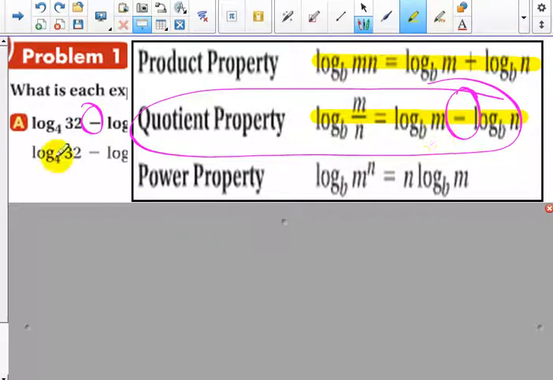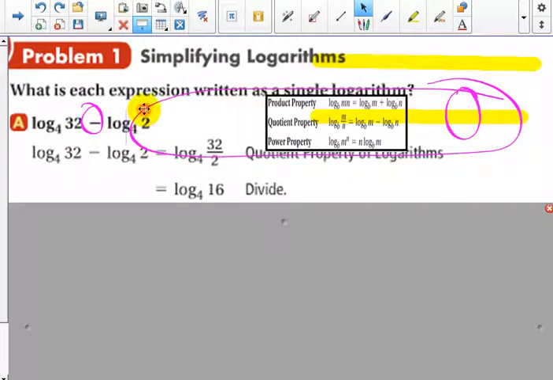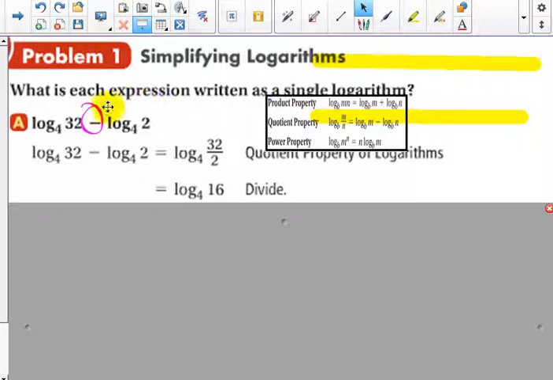Now let's apply it. We've got log 4 of 32 minus log 4 of 2. Okay. So that means we can combine this into a division problem. So what do we keep? We keep the log base 4, of 32 divided by 2.